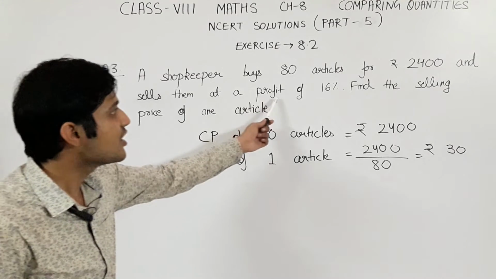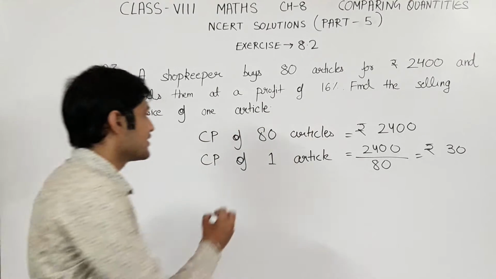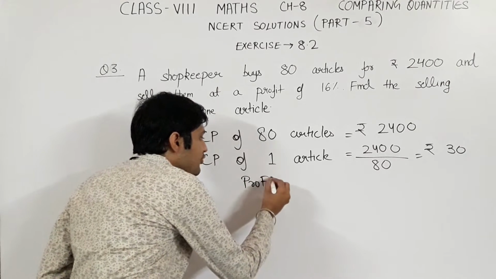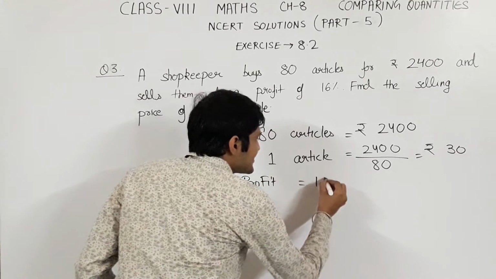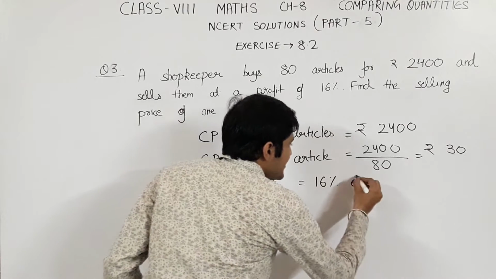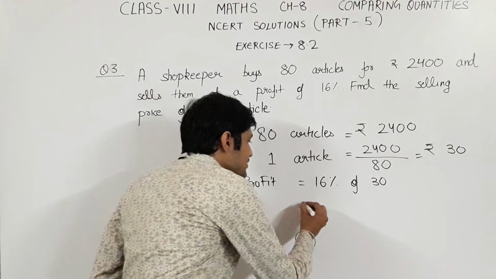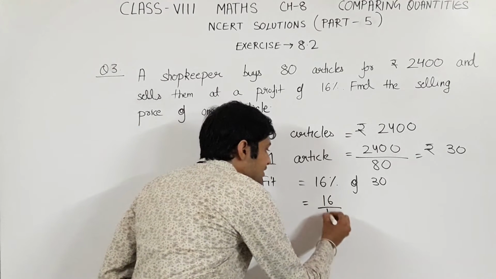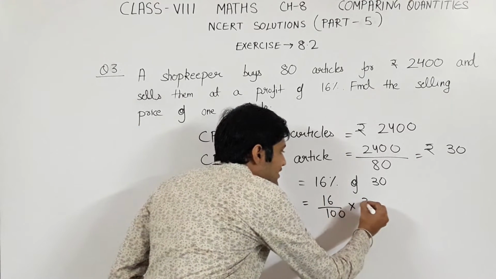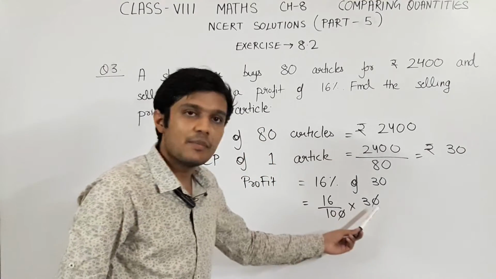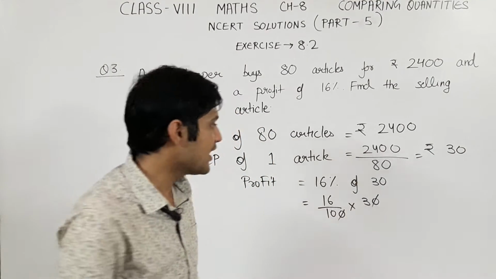Now he is earning a profit of 16%. So amount of profit will be 16% of 30. I can solve this to get the amount of profit. 16% of 30. This will be 16 multiplied by 3, 48 by 10.